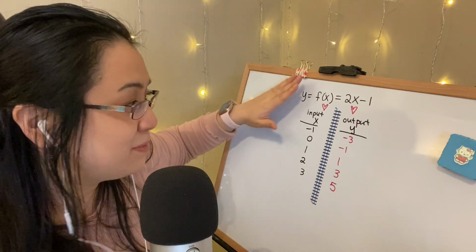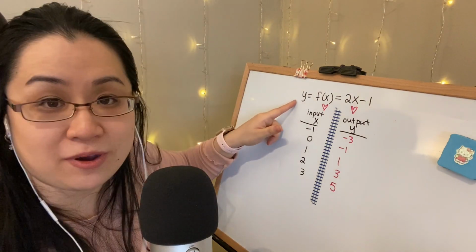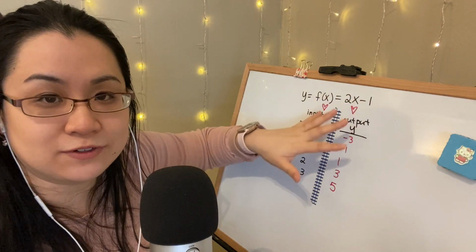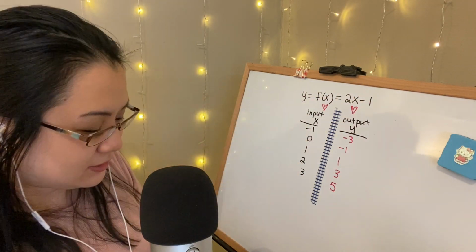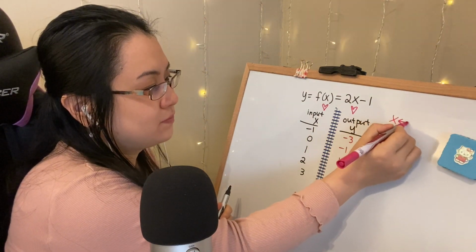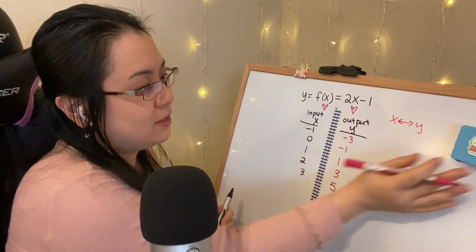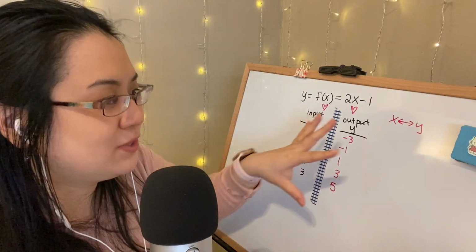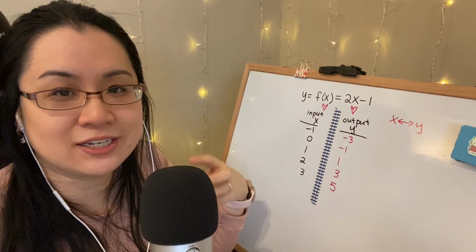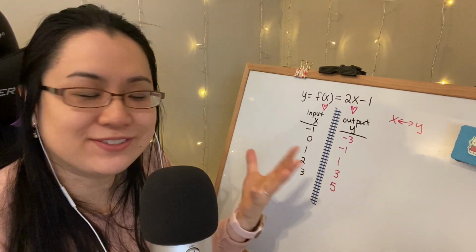So the first step is put in a y. So you have y equals 2x minus 1, or whatever function you have. The next step is to flip-flop x and y. There are lots of ways to think about this, but this is usually the most straightforward way of solving it.